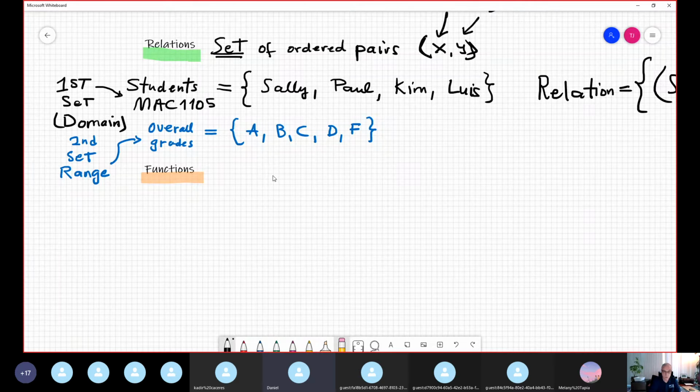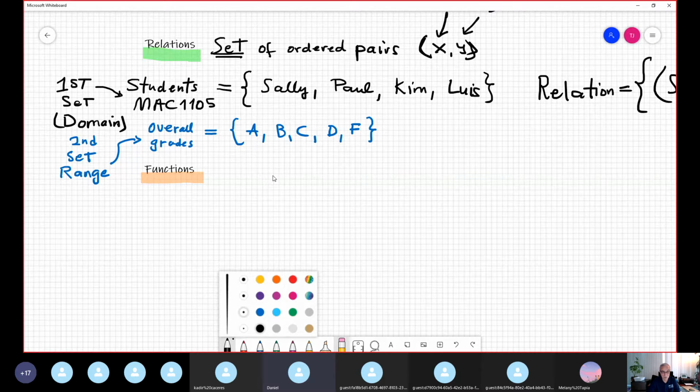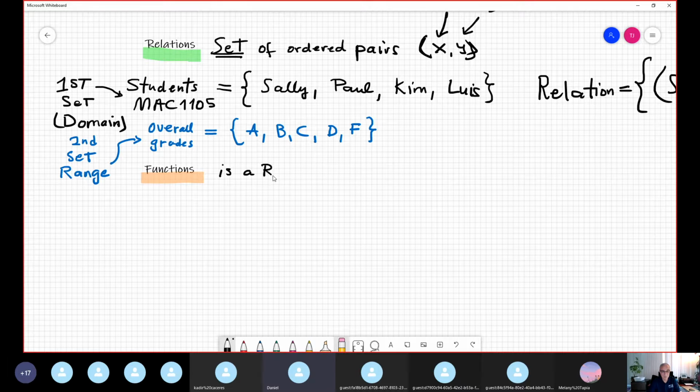Okay. Function. Well, function is special. To understand the function, well, function actually is a relation, but a special relation. What is the consideration in the function?